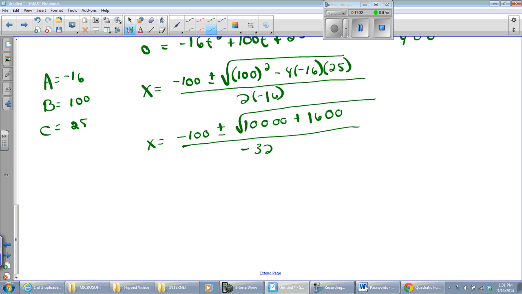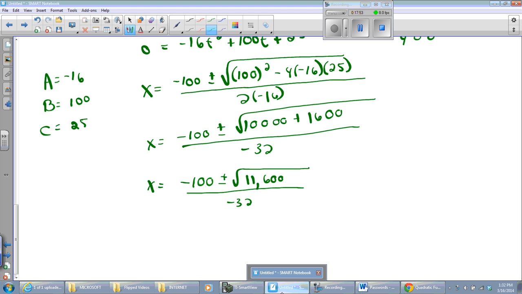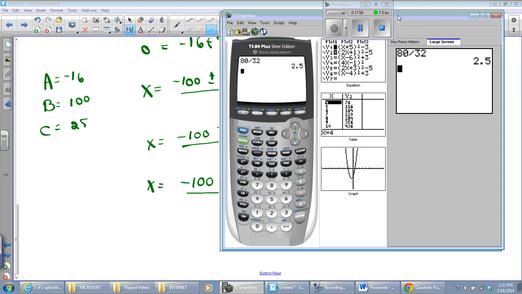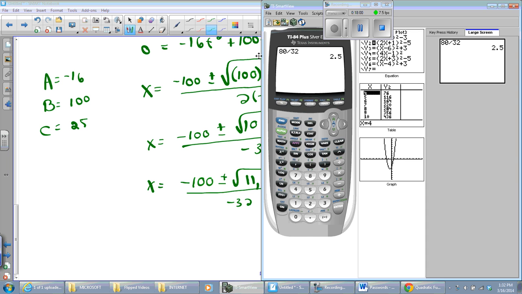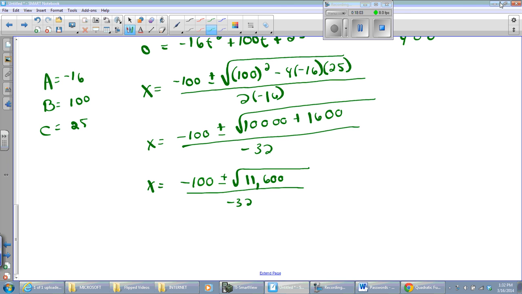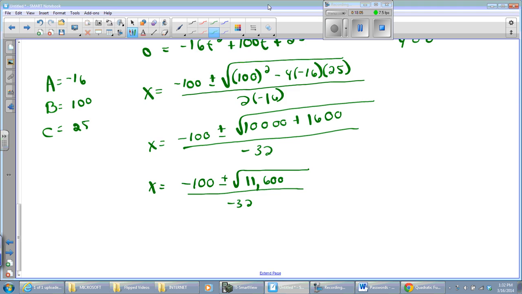So x equals negative 100 plus or minus the square root of 11,600, and that'll be divided by negative 32. Okay, so that's getting pretty ugly there. I'm going to go to my graphing calculator on this one.